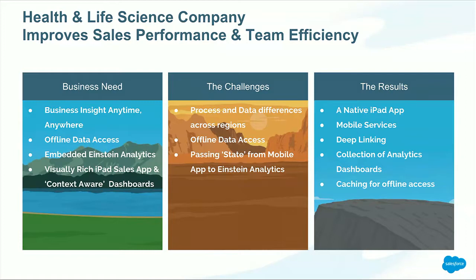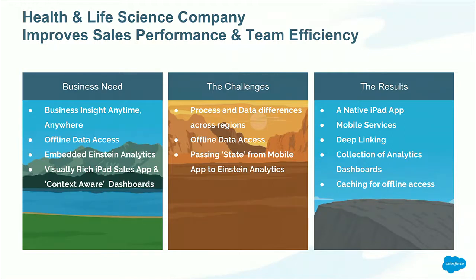So let's talk about what Appirio built for this health and life science company to improve their sales performance and team efficiency. The business need that this health and life science company had was they needed access to their data insight anytime, anywhere. They wanted to access their data offline, and they also wanted embedded analytics.